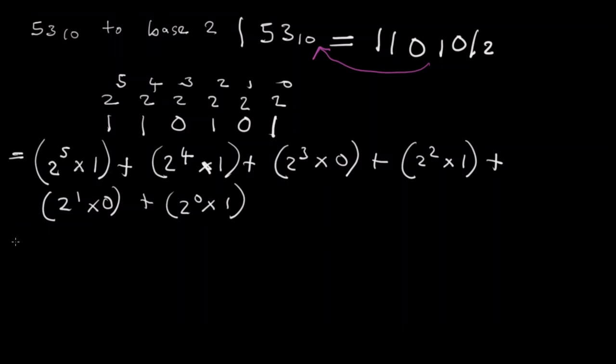So, what is 2 to the power 5 times 1? 2 to the power 5, that's 2 times 2 times 2 times 2 times 2. So 2 times 2, that will be 4 times 2, it's 8 times 2 is 16 times 2 is 32. Plus, what is 2 to the power 4 times 1? 2 times 2, 4 times 2, 8 times 2, 16, and then 16 times 1 remains 16.